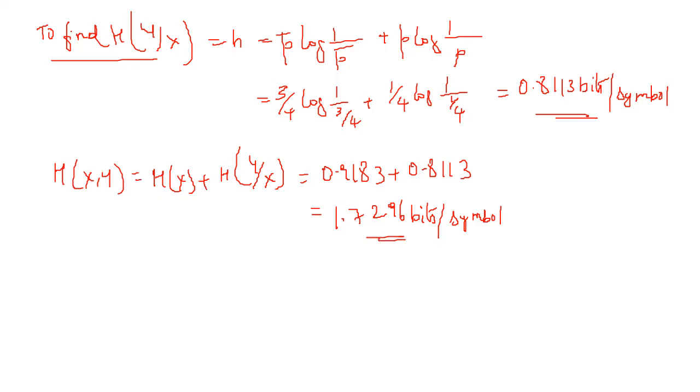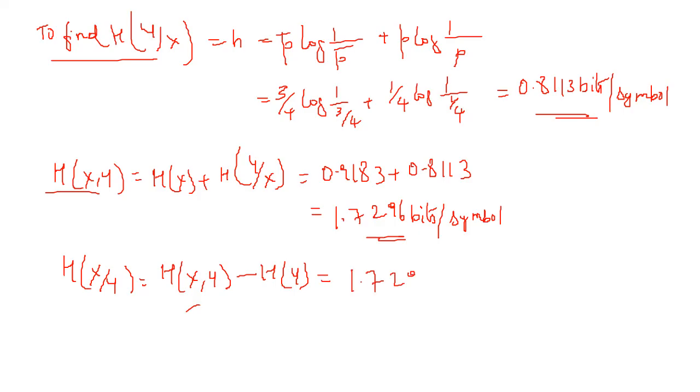So we got what is H(X,Y). Next, to find H(X/Y), we can use the relationship now. It is nothing but H(X,Y) minus H(Y). So we'll just substitute the value. H(X,Y) is 1.7296 and H(Y), we have got it as 0.9799.